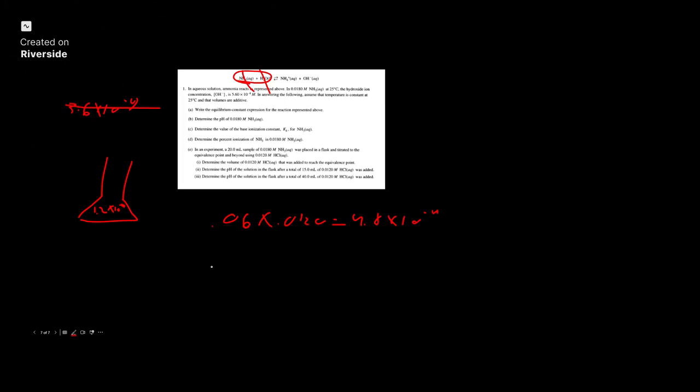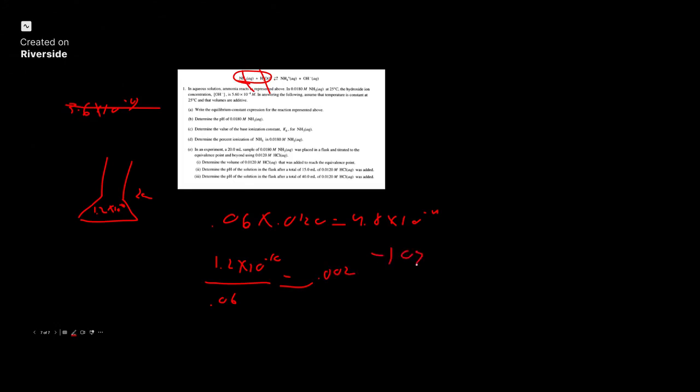So then we're just going to do that amount of moles divided by the total liters of the whole entire thing. So we added 40 and it already had 20, so 20 plus 40 is 60, so 0.06 liters.